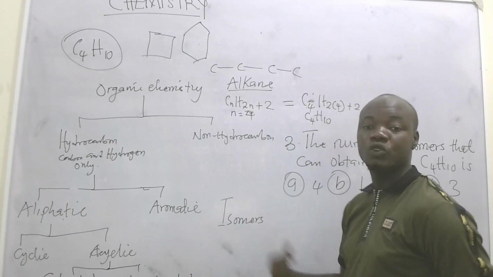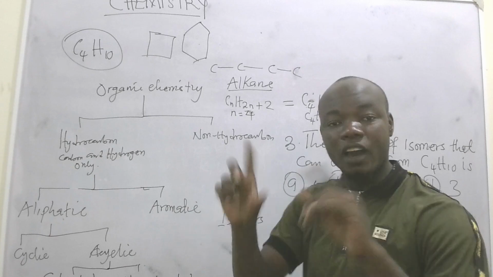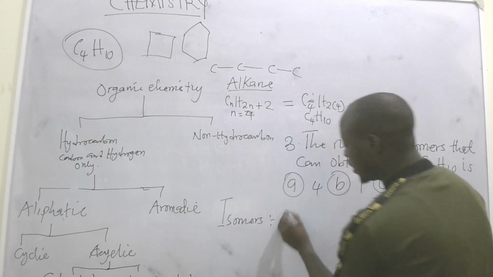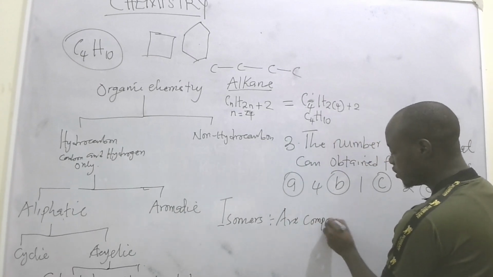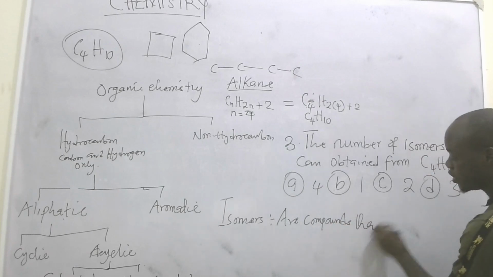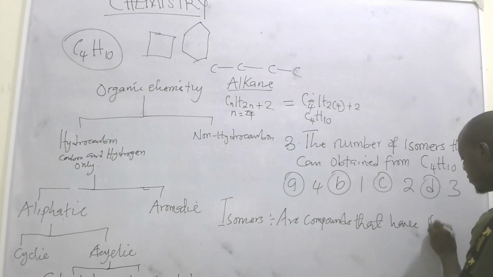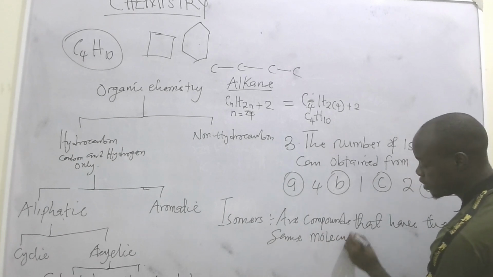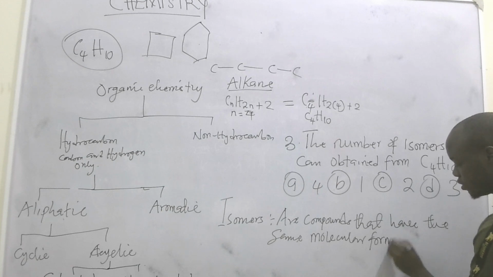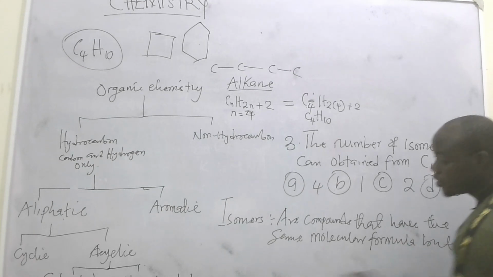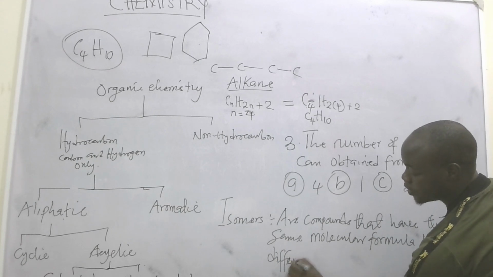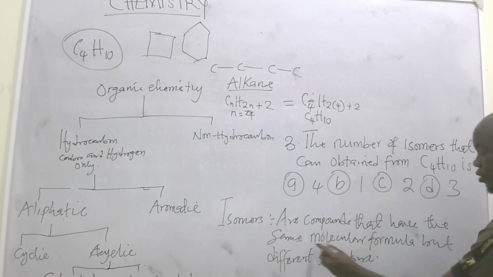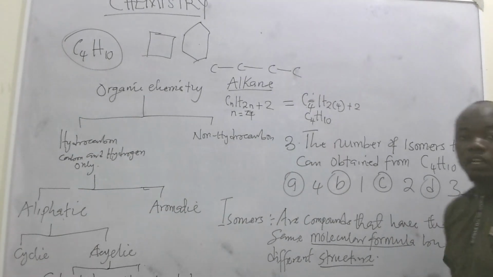When we say isomers, it means they are compounds that have the same molecular formula but different structural formula.